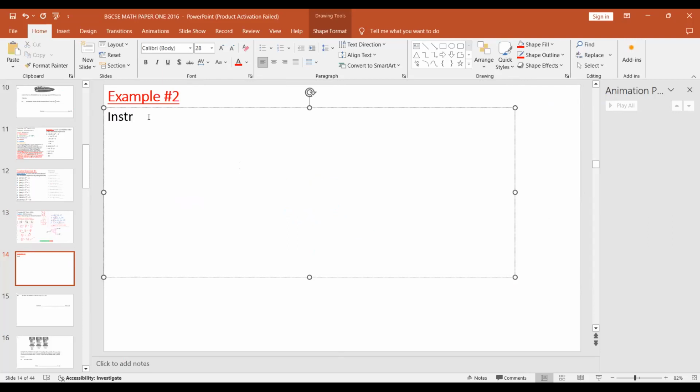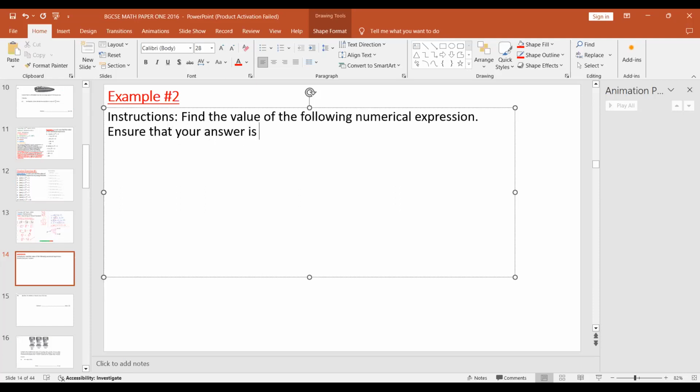So we want to find the value of the following numerical expression. Ensure that your answer is in lowest terms.